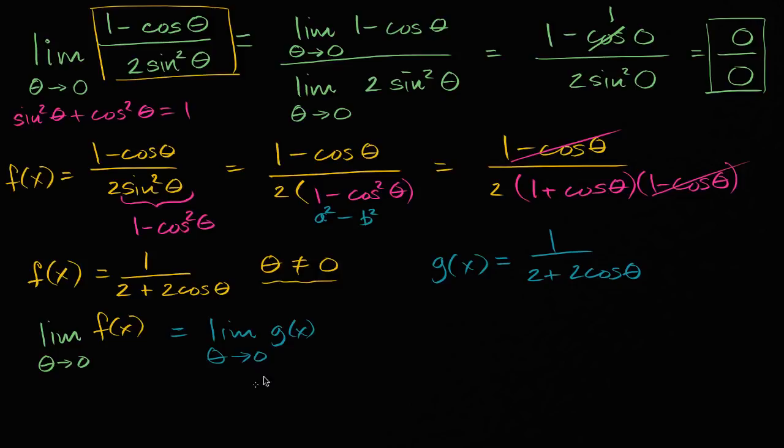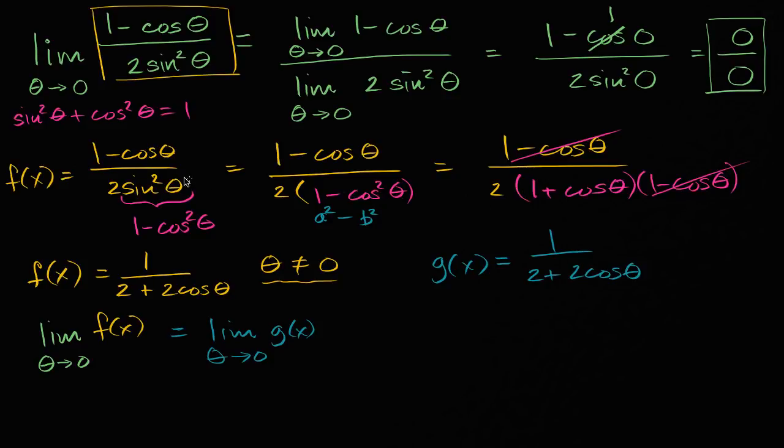And I know what a lot of you are thinking: Sal, why don't I just do this algebra here, cross these things out, and then just substitute 0 for theta? Well, you could do that, and you would get the answer, but it's important to be mathematically clear about what you are doing. If you just cross these two out, and all of a sudden your expression becomes defined at 0, you are now dealing with a different function definition.